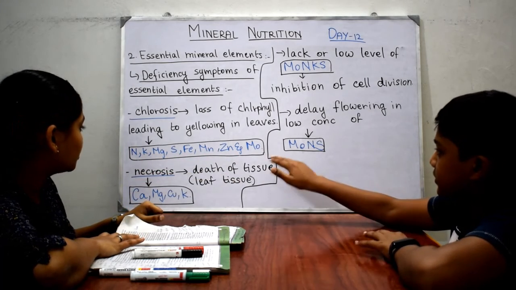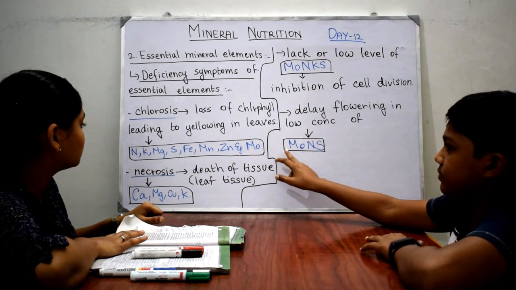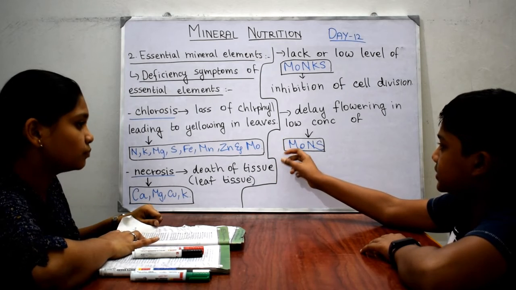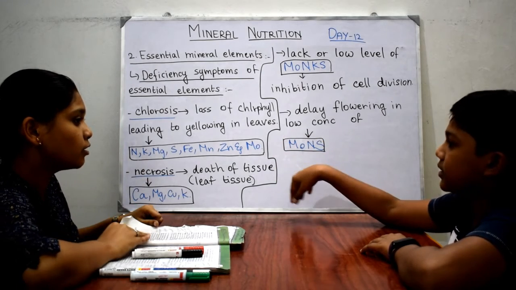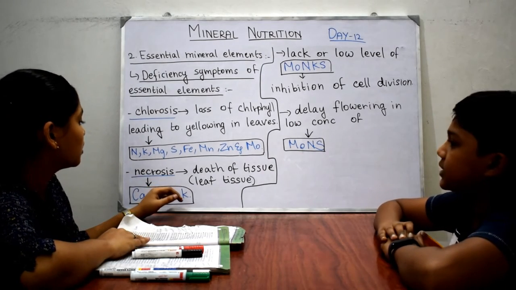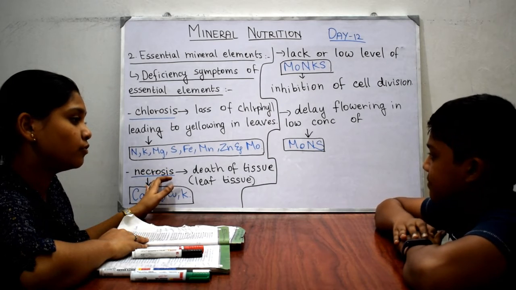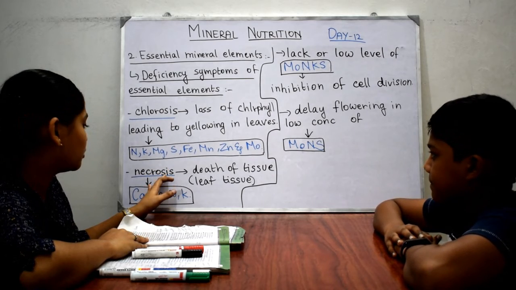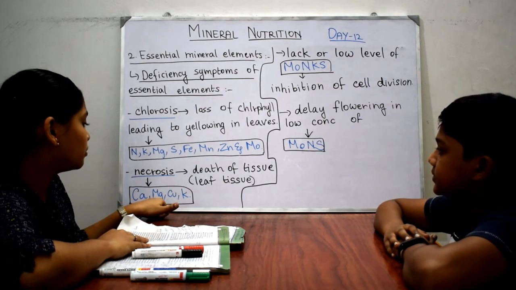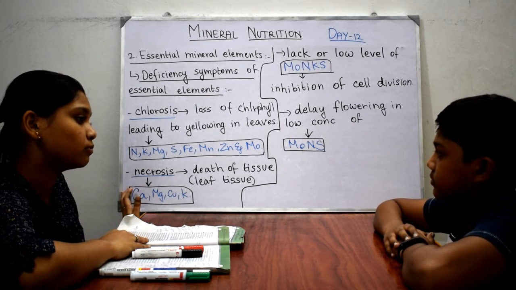If these elements are not present in the required amount in the plant, that is, if they are low below the critical concentration, then chlorosis and necrosis occur. Necrosis is death of tissue, mainly leaf tissue. It occurs due to calcium, magnesium, copper and potassium. You can remember this as Cag-Cook.